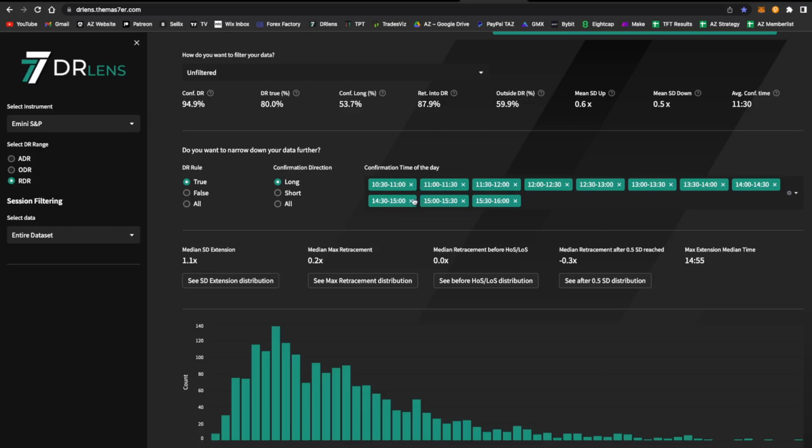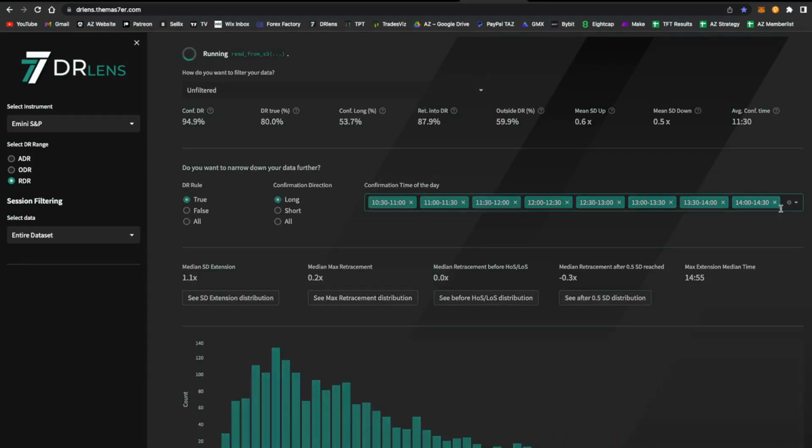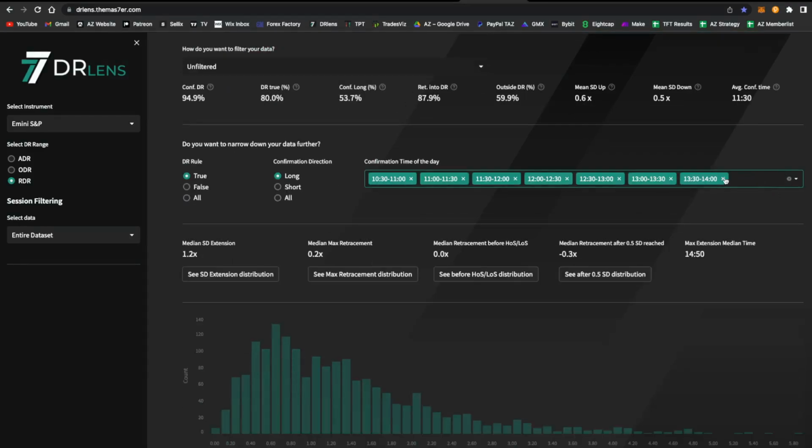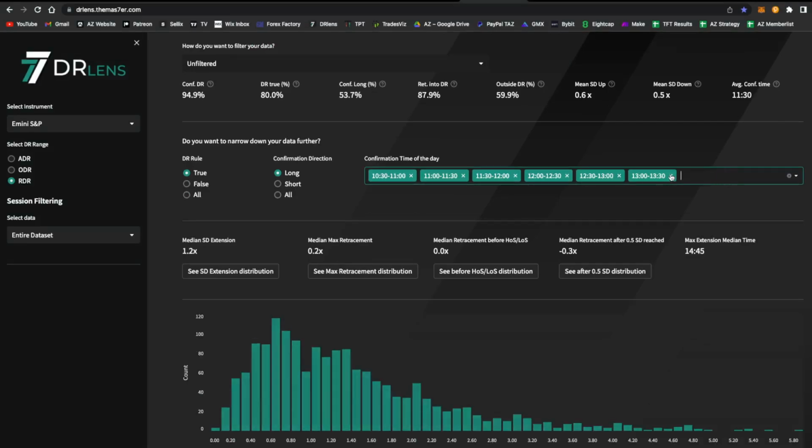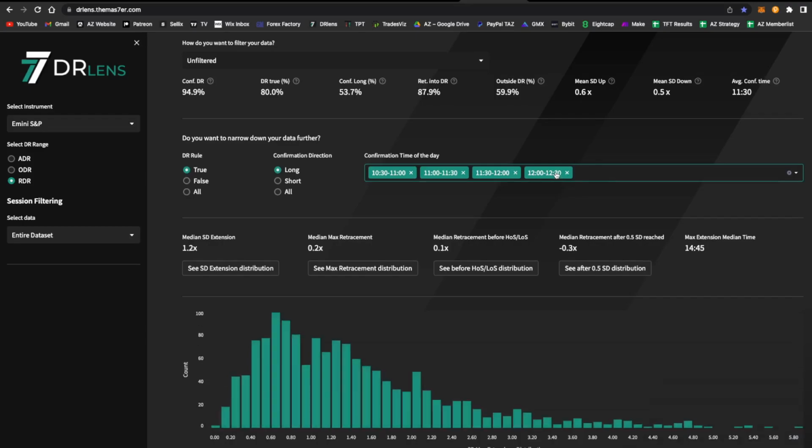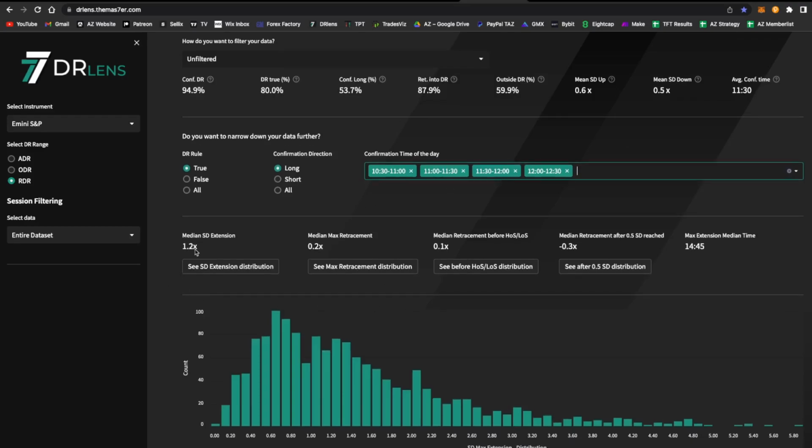We can also filter by the time of the day, so we don't want the data for very late confirmations, because we also have some news on the calendar later on, a few FOMC members speaking. Let's say for the confirmation up until 12:30 from our average confirmation time, 11:30, yep. So median standard deviation to the upside would be 1.2.